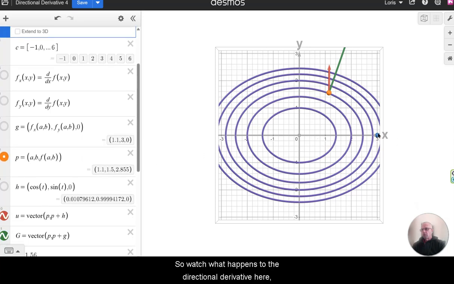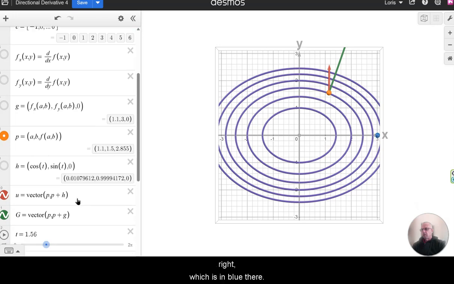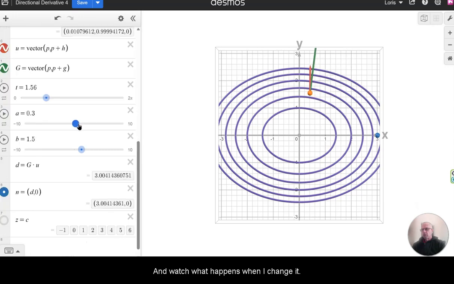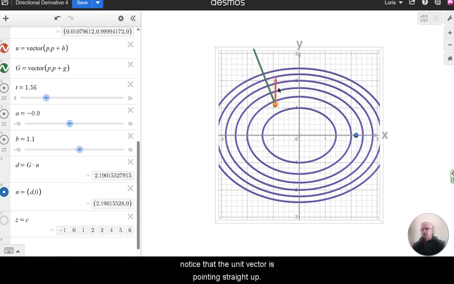So watch what happens to the directional derivative here, which is in blue there, and watch what happens when I change it. Notice that when I go left to right, the unit vector is pointing straight up.